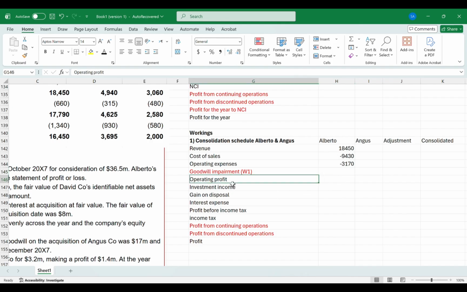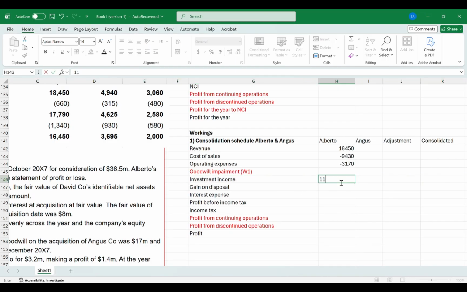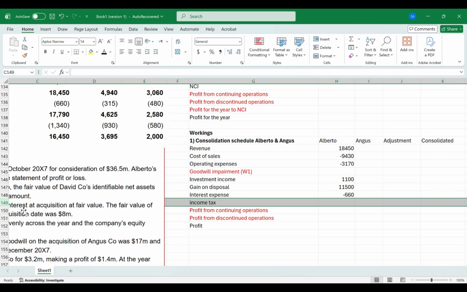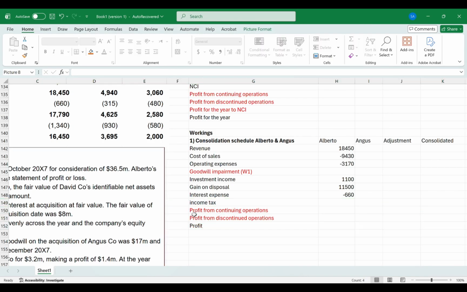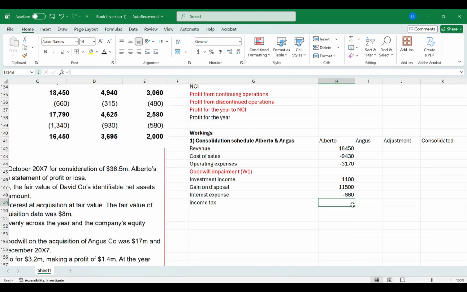So investment income, we do not net this also, is 1,100, 11,500 minus 660, the interest and income tax. So we do not net this as well.